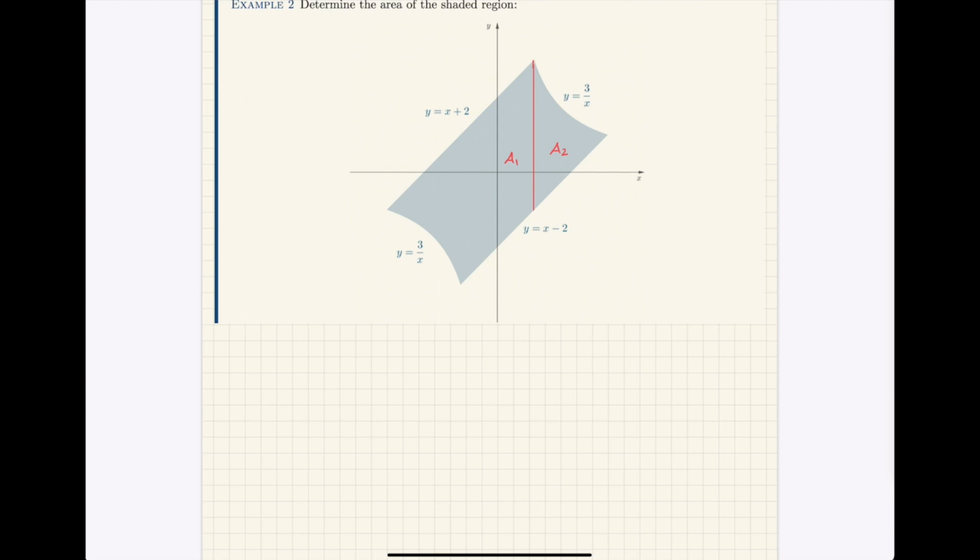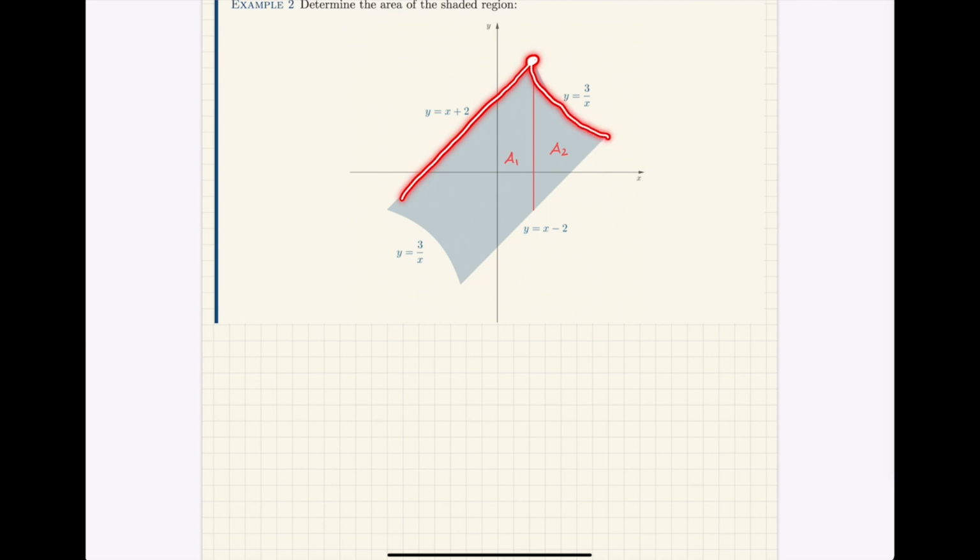So for calculating A1, I know the boundaries. One of them is this line, one of them is that line, one of them is the y axis, and one of them is this line, which I still don't know. So how should I find this number here? I know that this point is the point of intersection between this line and that curve.